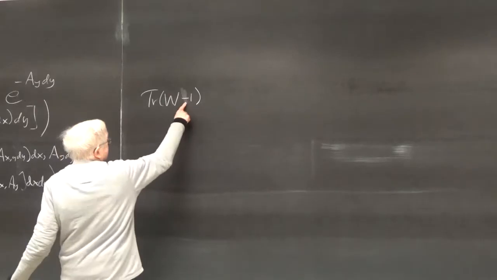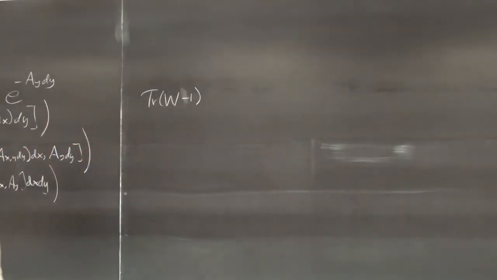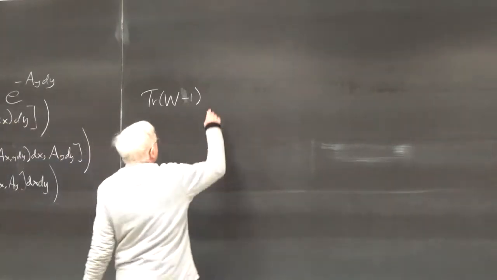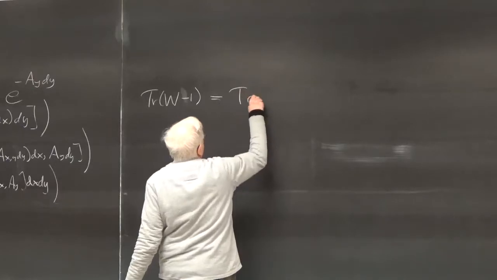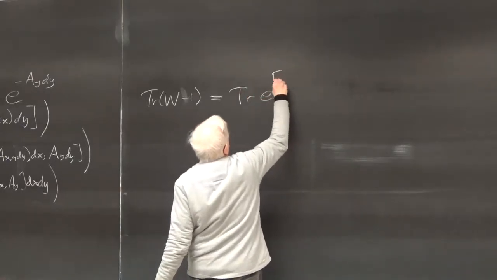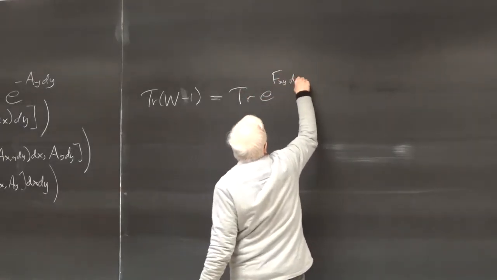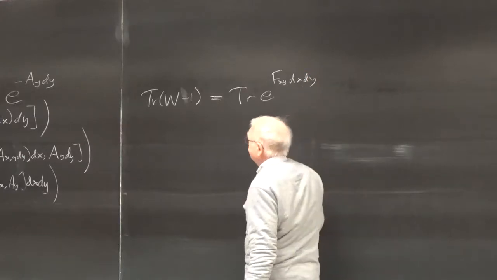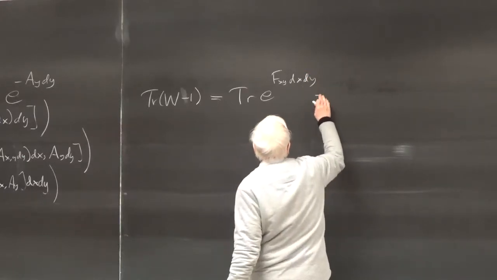And so the action for a general lattice gauge theory is of this form, namely trace of the Wilson loop minus 1. And if we look at what that is, well, that's trace of e to the F_xy dx dy, minus 1.